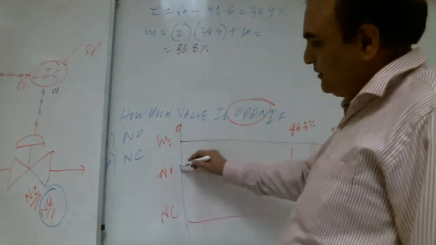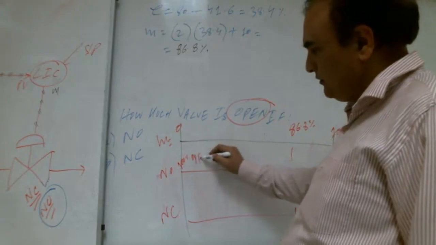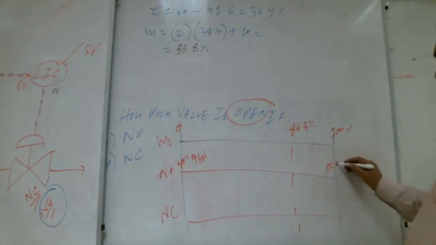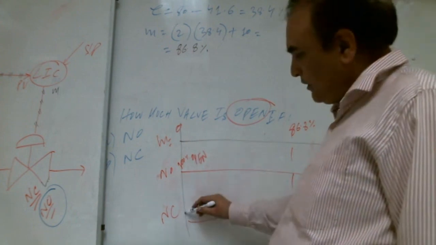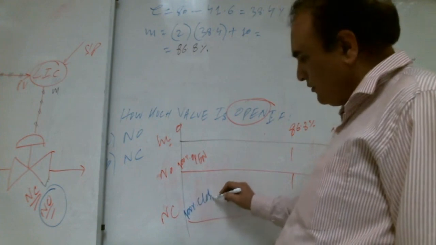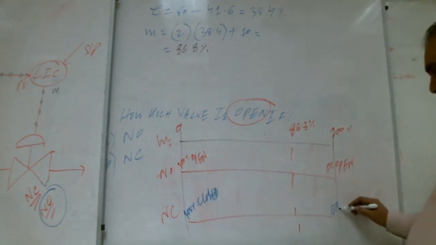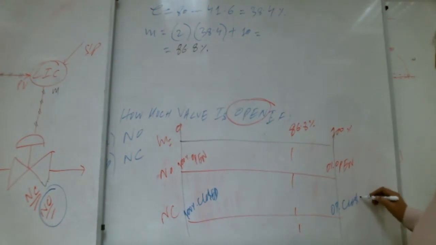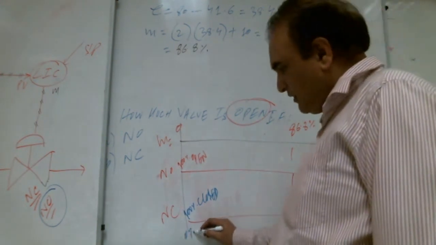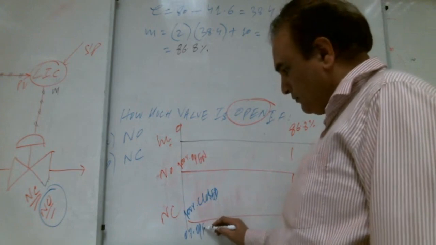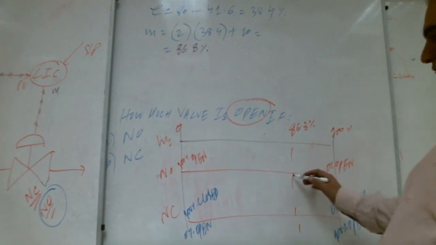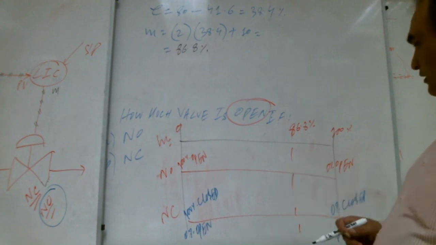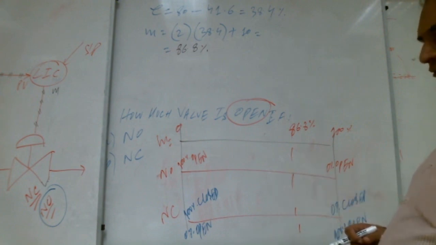Normally open means here it is 100% open, and here 0% open. Normally closed means here 100% closed, here 0% closed. So how much open here? 13.2% open.